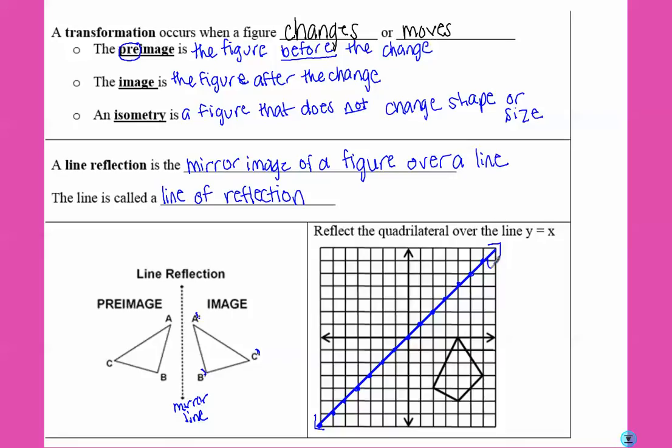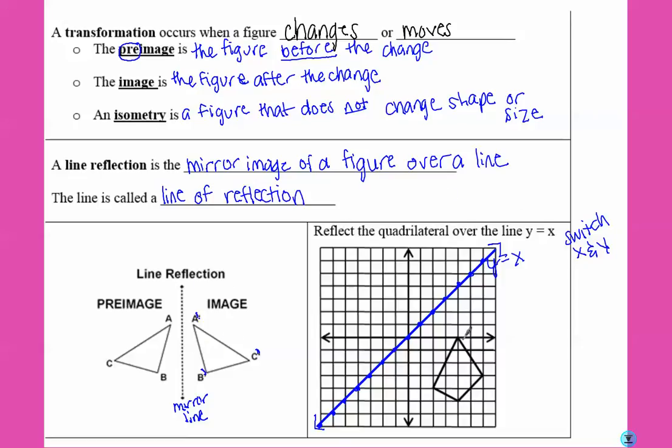That's our line, y equals x. What it means when we reflect over the line y equals x is we're going to switch x and y.